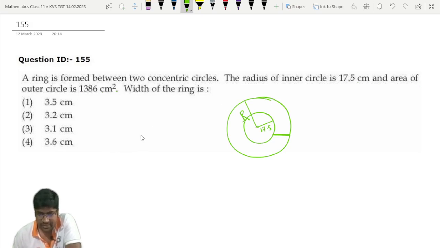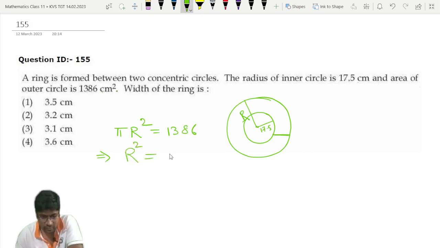The area of the outer circle is given, so pi into R square is equal to 1386 centimeter square. From here we will get R easily. So R square will be equal to 1386 divided by pi, and pi means 22/7.